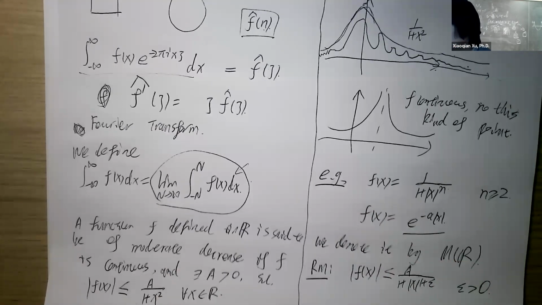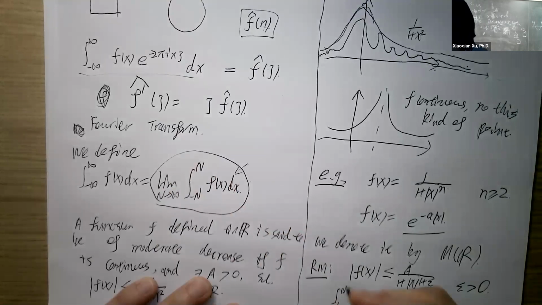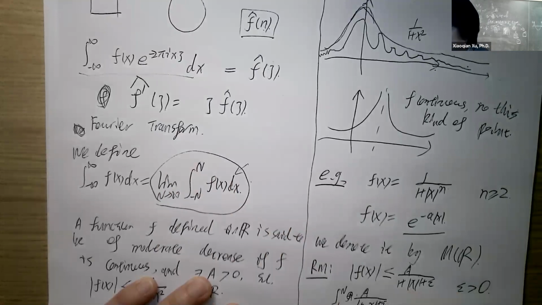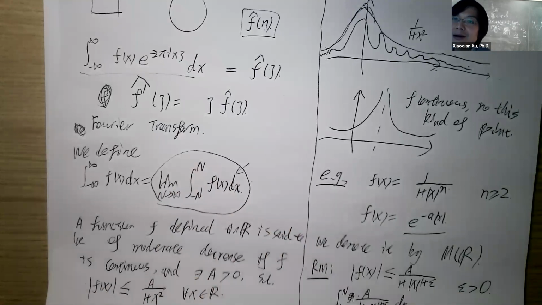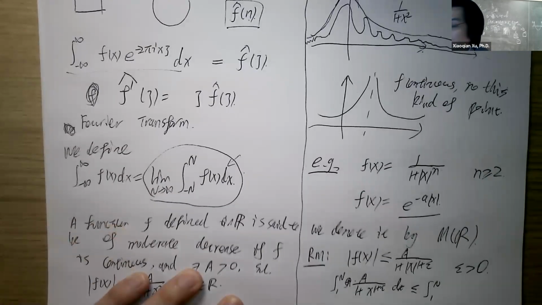Because we know that for this kind of function, this limit will be finite, right? If you take x from 1 to n, this a over 1 plus x to the power 1 plus epsilon dx, although we don't know how to find the antiderivative of it, we know that it's less or equal than the integral from 1 to n of maybe 2a divided by x to the power 1 plus epsilon dx, right?